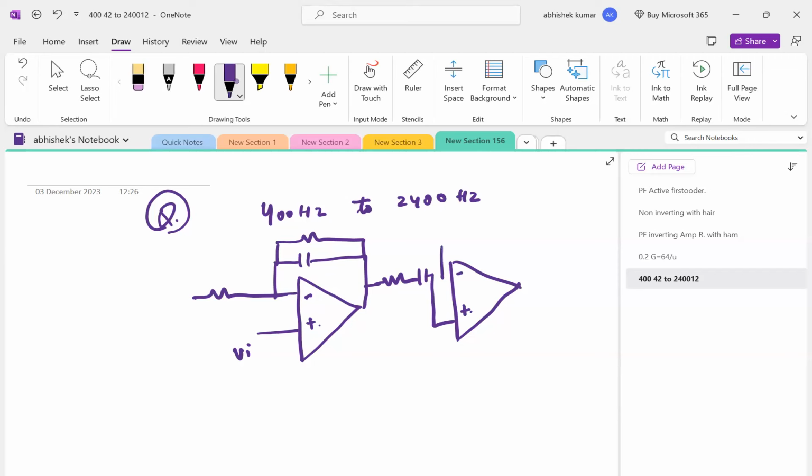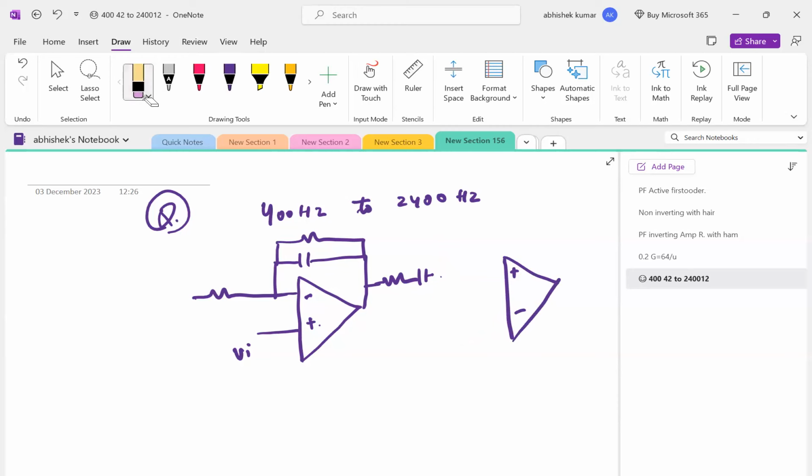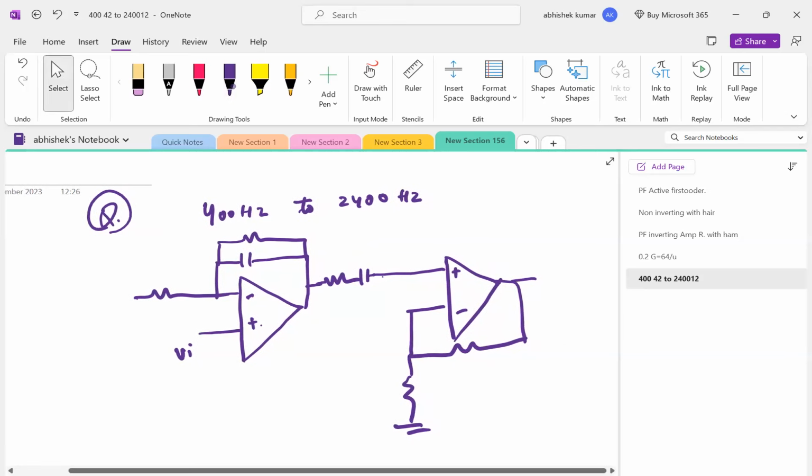Here we take the signal to the inverting terminal, then make a feedback resistor like that. This is your V output.